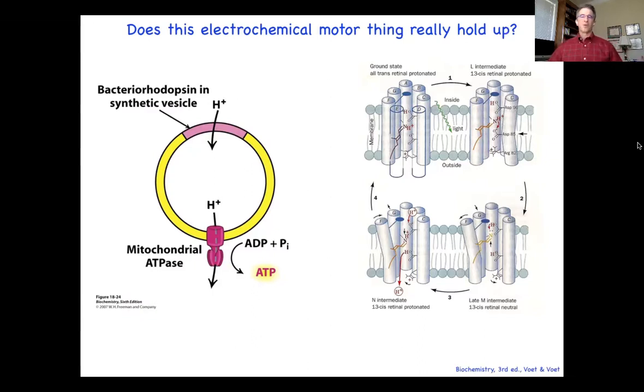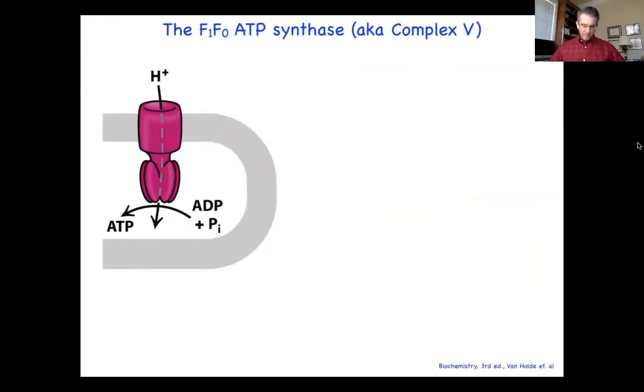So this is one of the reasons we're pretty sure, or more than pretty sure, we're very sure, this is how ATP synthesis works when you have a proton gradient across the inner mitochondrial membrane. Okay, so let's talk a little bit more about this complex 5, right?